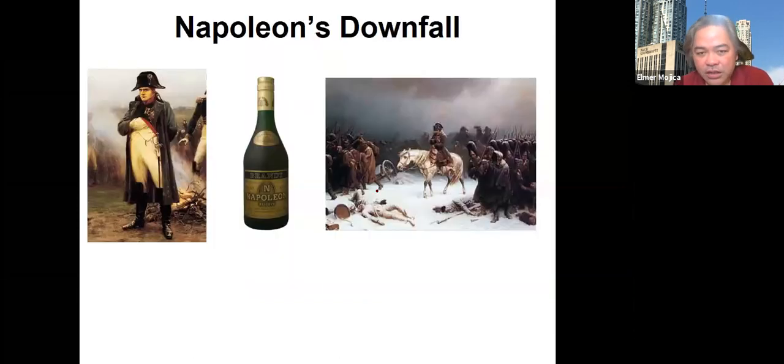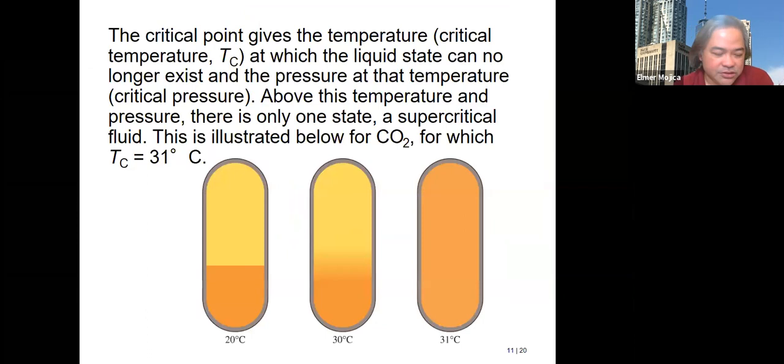Okay, so we're going to go on to the so-called critical point. As I've told you, the critical point gives you the temperature at which the liquid state can no longer exist and the pressure at that temperature, which is your critical pressure. Above this temperature and pressure, there's only one state, and this is what we call a supercritical fluid.